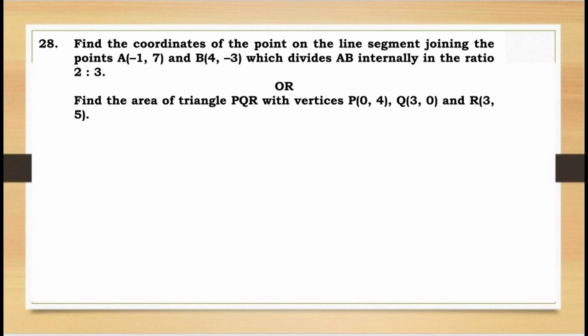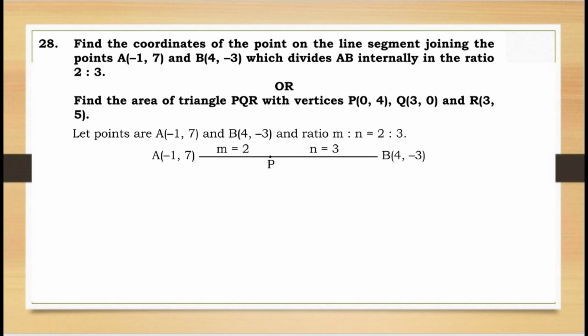Let us take the given points A of -1, 7 and B of 4, -3, and the ratio is m:n equals 2:3. Let's draw the line AB. So here P is a point which divides the given points internally in the ratio 2:3, like in the diagram.